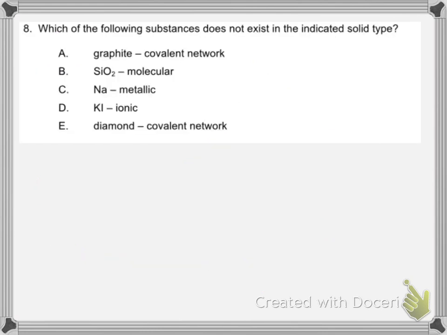This next question is about materials, and we want to know which one is not correctly indicated for the type of solid. So graphite is network covalent. That is indeed true. And remember, there are 4 network covalents that you want to be familiar with. Graphite, another allotrope of carbon, that of diamond, you'll want to be familiar with.